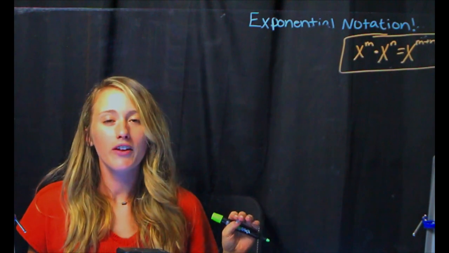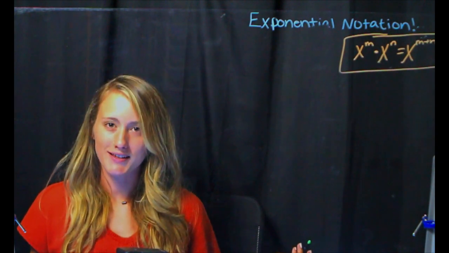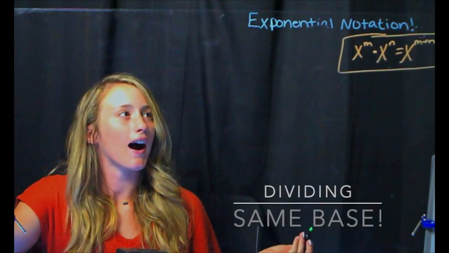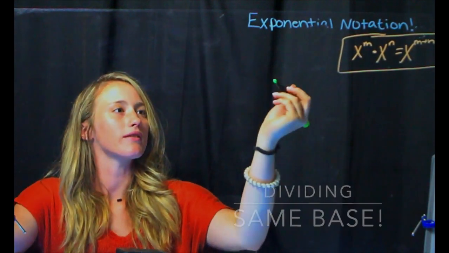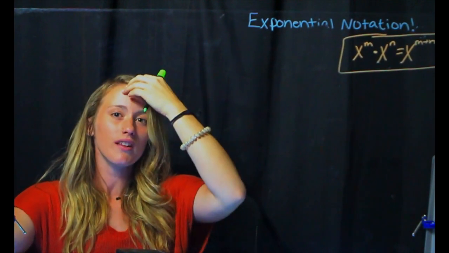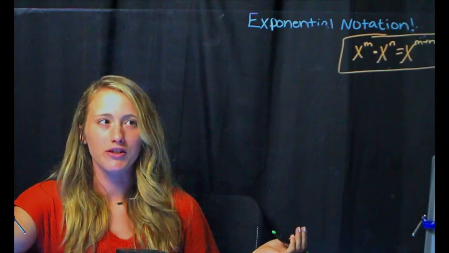Okay class, now that you've had time to practice multiplying same base exponents, we're going to talk about what happens when we divide same base exponents. So I'm going to solve two problems, and again, the same thing. I want you to think in your head, what pattern do you see?